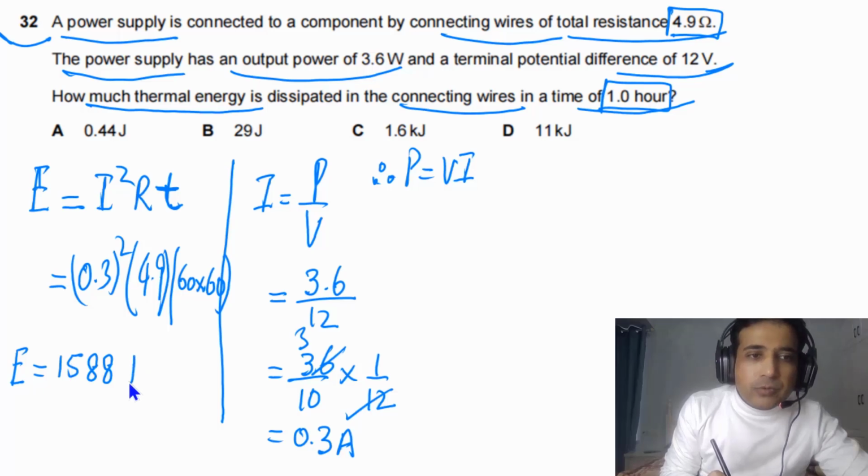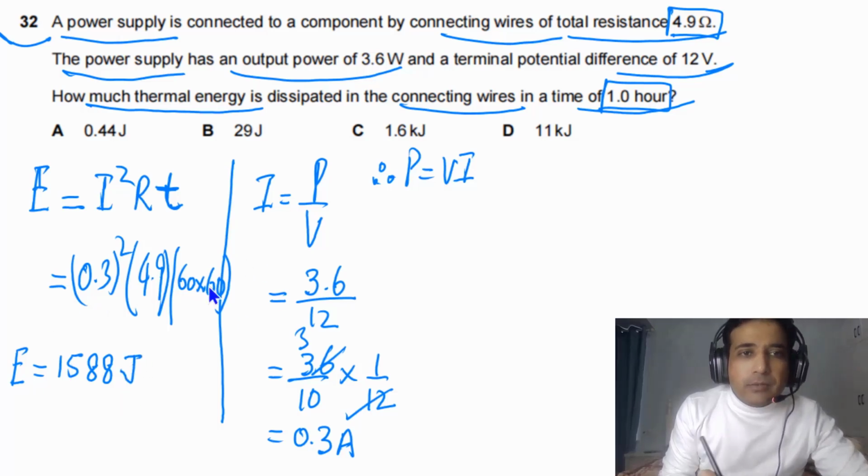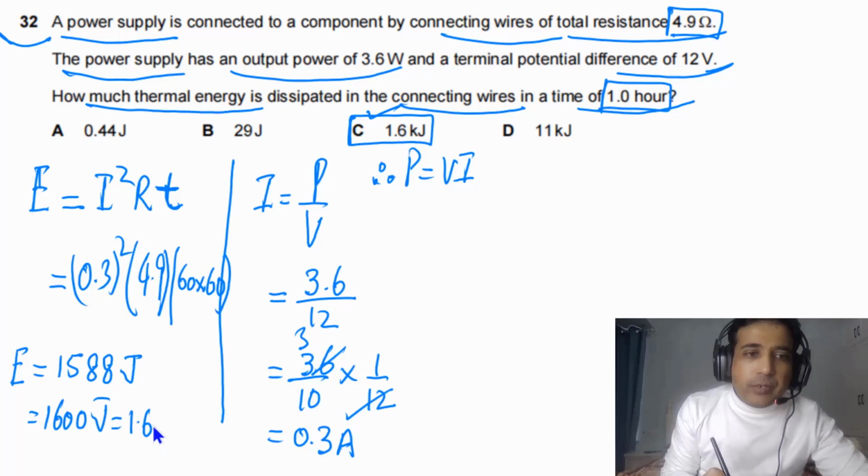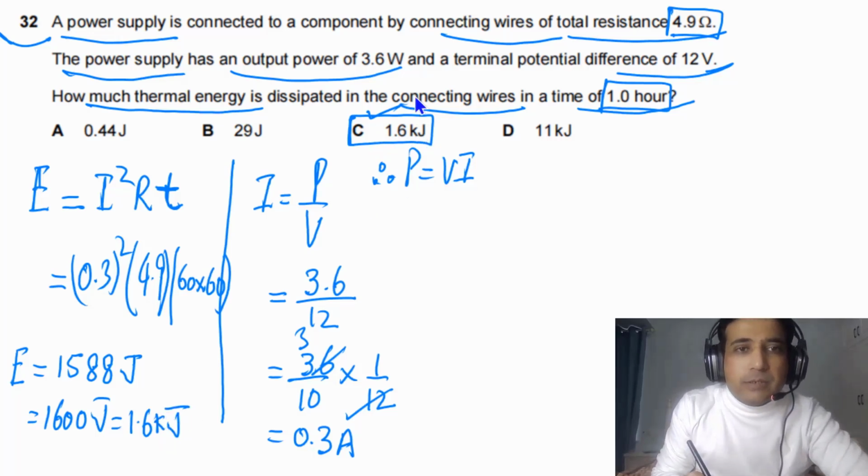So this is the value of E, and the closest answer is this one, C, 1.6 kilojoules. Up to 2 SF we can write this as 1600 joules, or we can say this is 1.6 kilojoules. So the answer for this question is C.